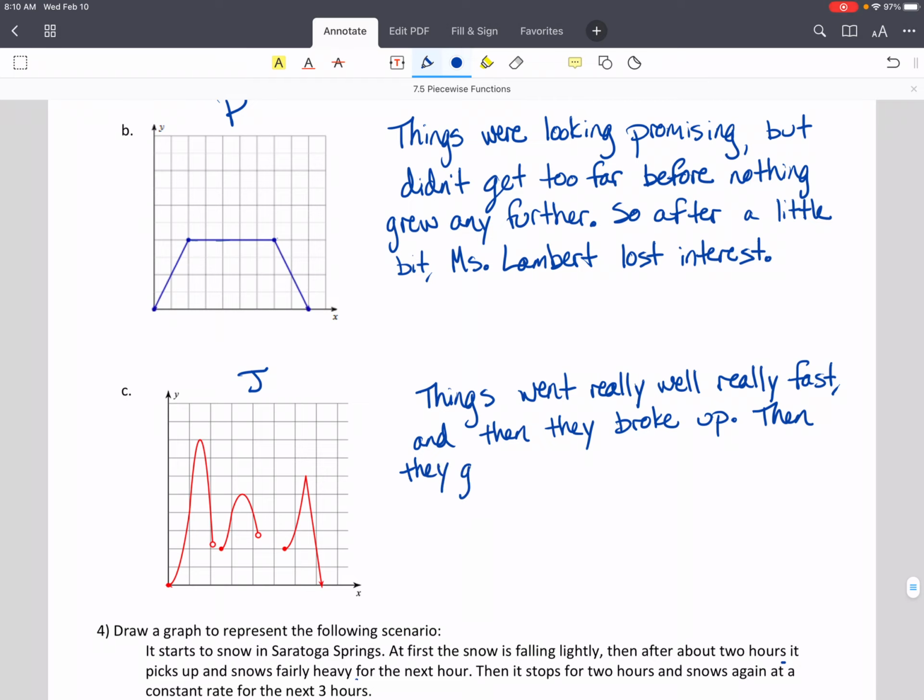Then they got back together after a short break. Just to have it fall again.